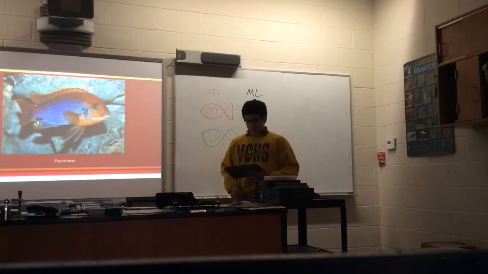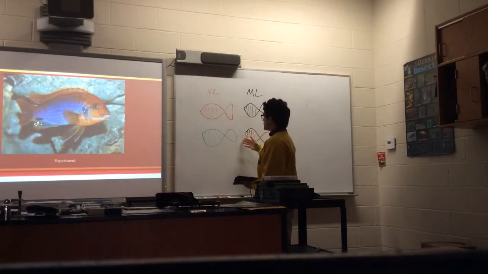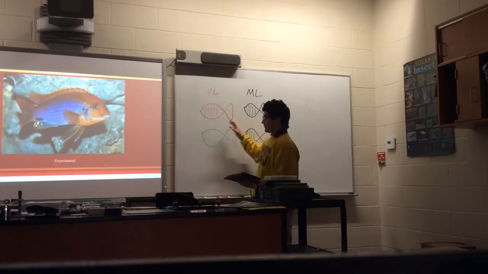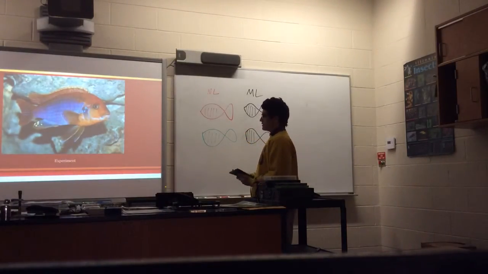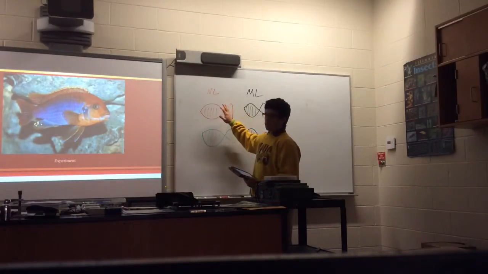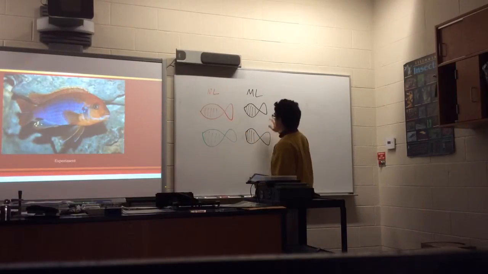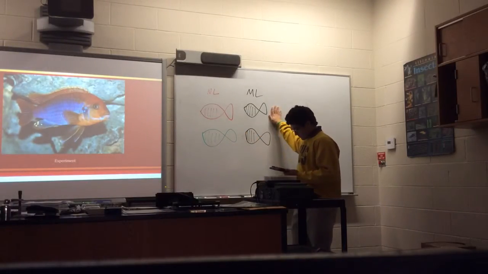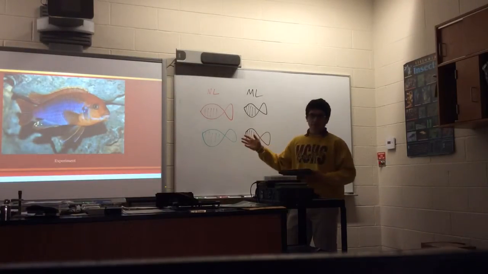So in the experiment, they used 2 different species of the cichlid. Each of them had distinct colors. What they did was they first shined the 2 cichlids under a normal light so that their colors could be distinguished. And then they shined it under a monochromatic orange light so that they appeared to be the same color.